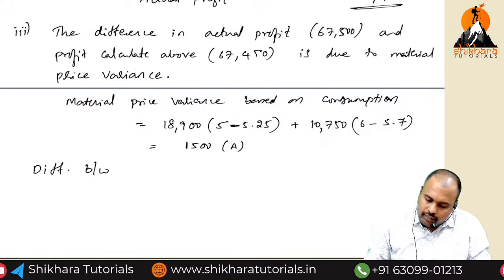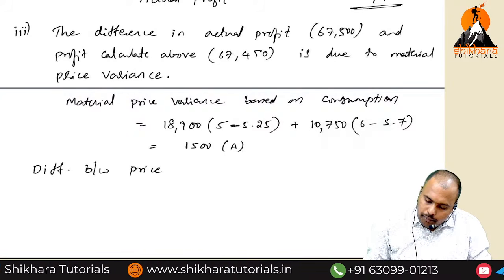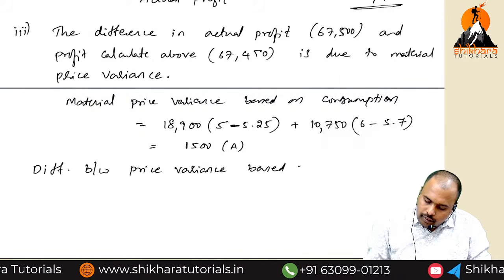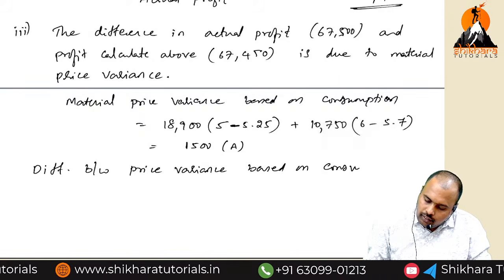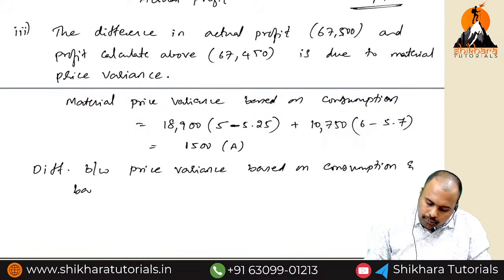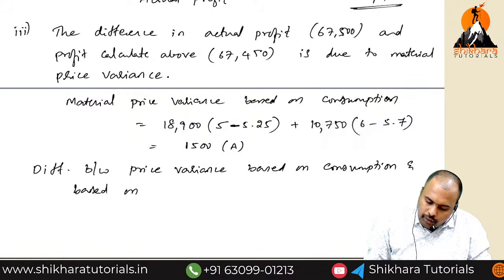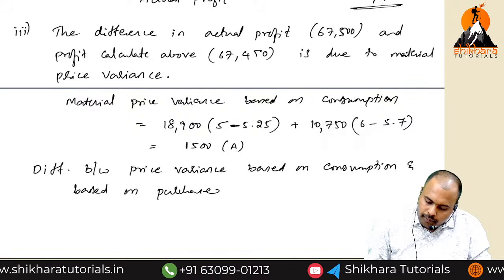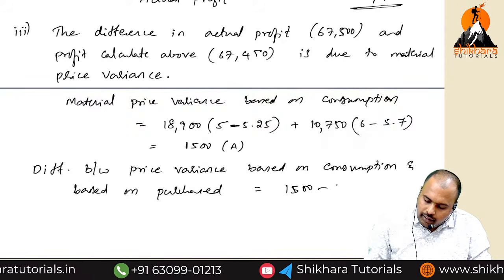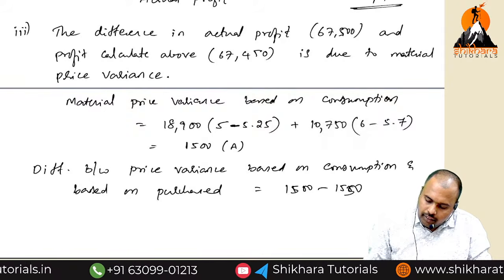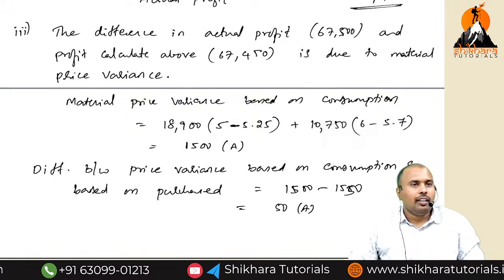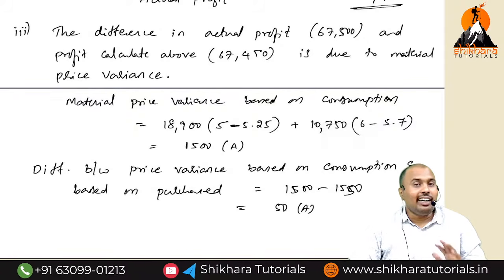What is the difference between price variance based on consumption and based on purchase? It is equal to 1500 minus 1550, that is the additional profit we deducted earlier.